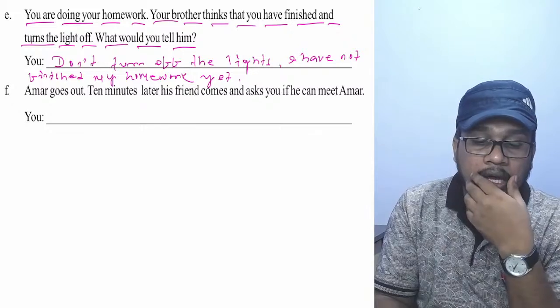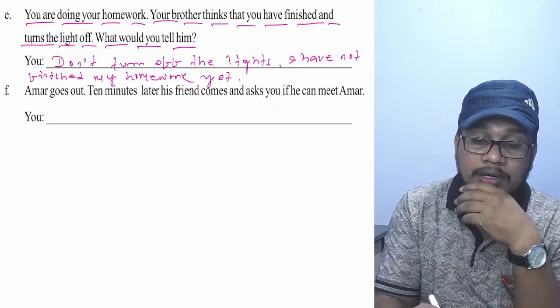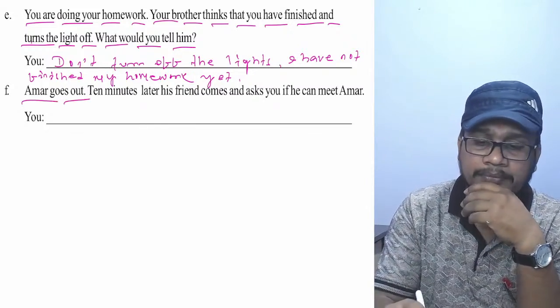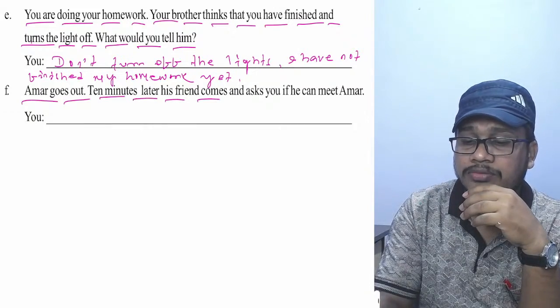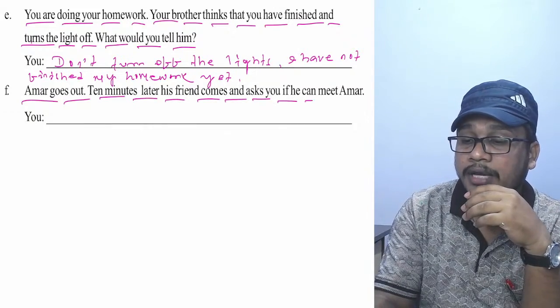Now another situation is given: Amar goes out. Ten minutes later his friend comes and asks you if he can meet Amar.